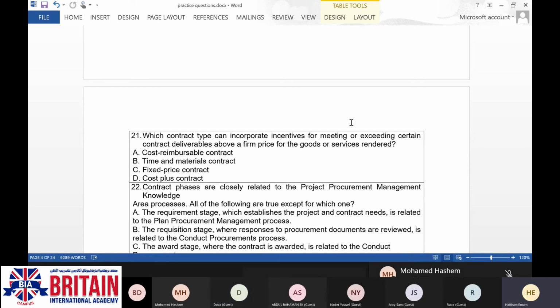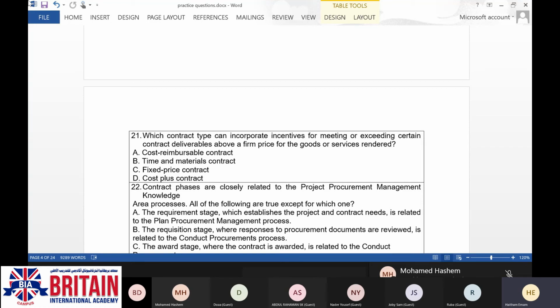Second subcategory of the firm fixed price contract is firm fixed price plus incentive. Let's say the total fees of your contract is 500 KD, and you have agreed with your contractor or your vendor to finish that contract within 6 months.